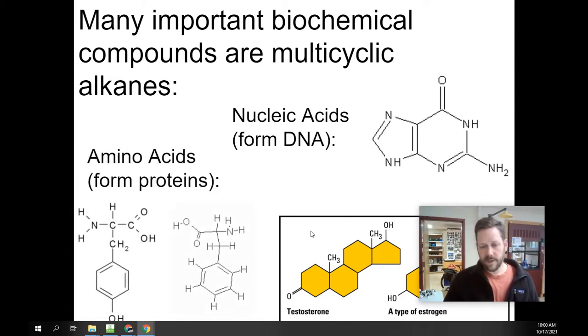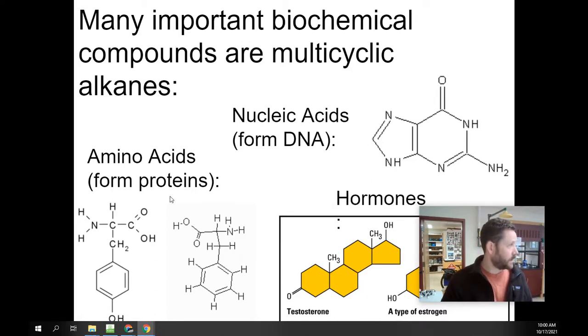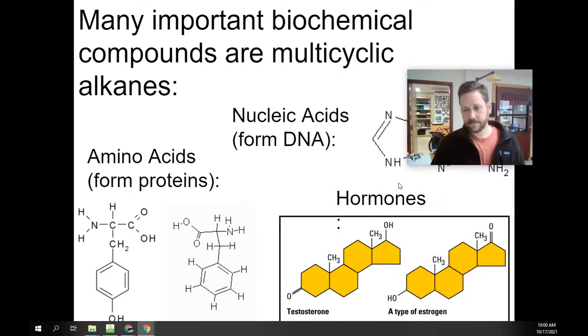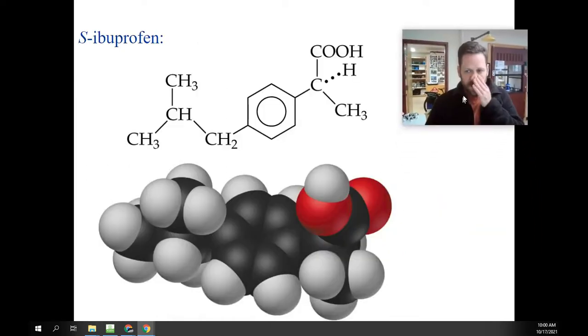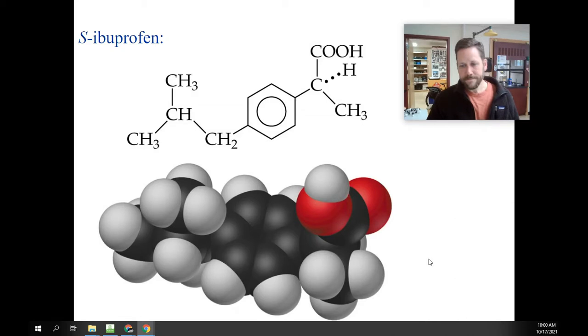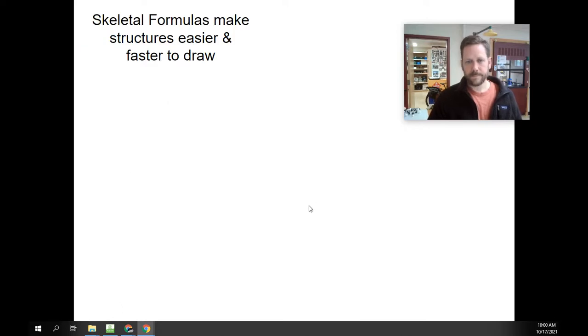Amino acids, there are many of them, but they also have this recognizable benzene ring as part of their structure. So it is true that organic chemistry is fundamental to biochemistry, whether we're talking about hormones or DNA or amino acids. Here's an example of ibuprofen. Of course, the pharmaceuticals are going to often include these organic compounds as well.